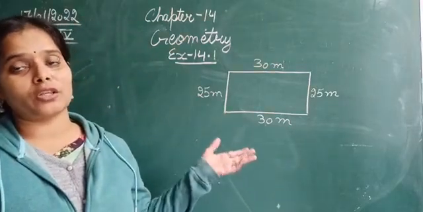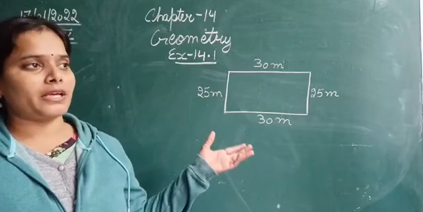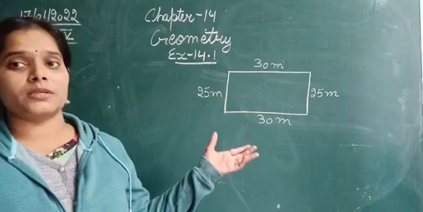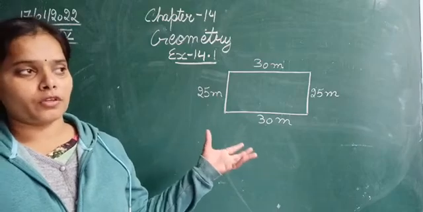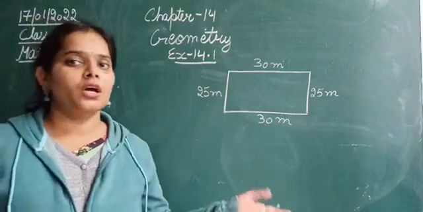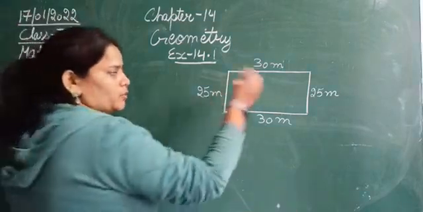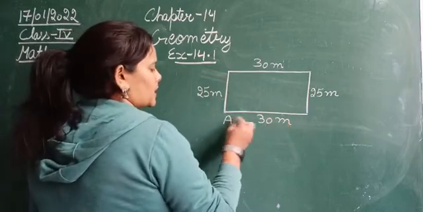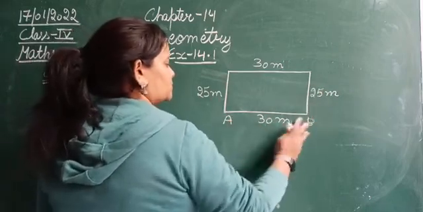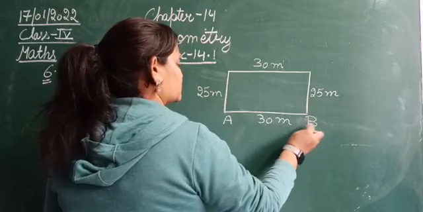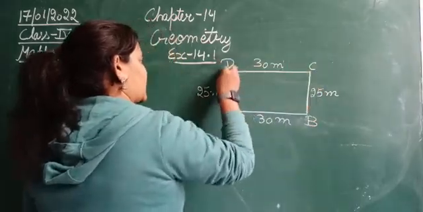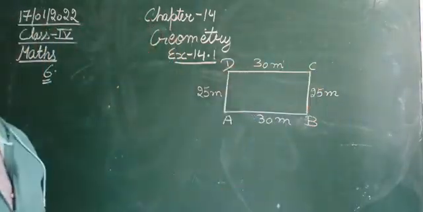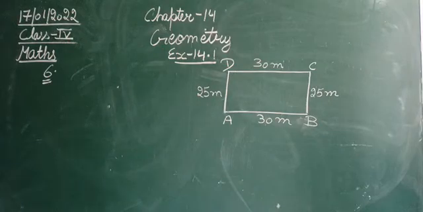So we can easily find the perimeter, and the perimeter will be exactly the fencing they need for the boundary wall. First of all, we are going to name this figure A, B, C and D. So this is the name.